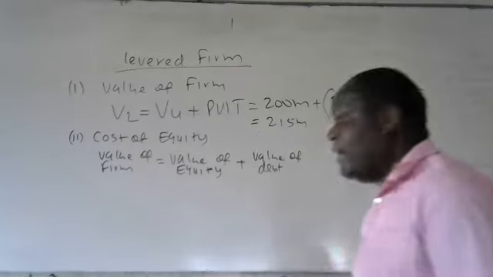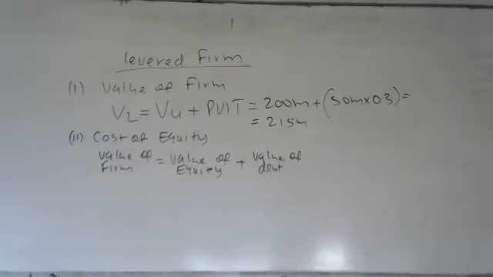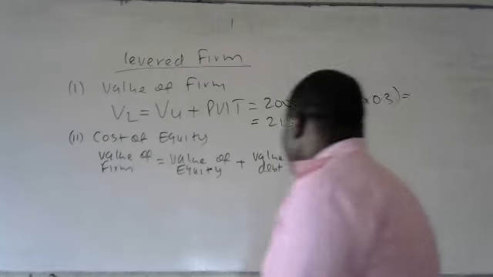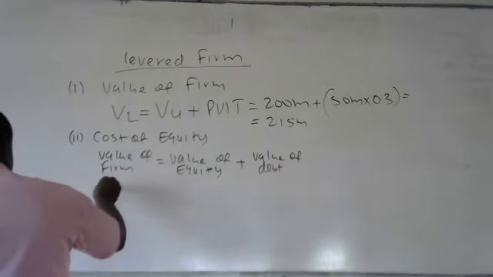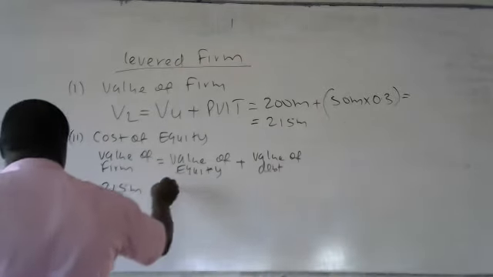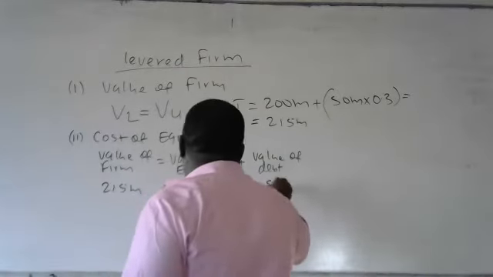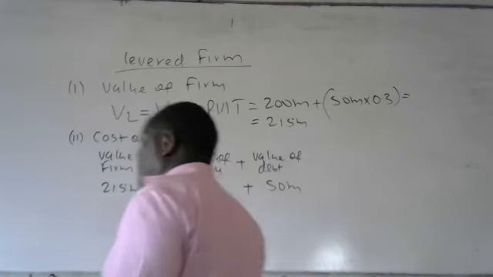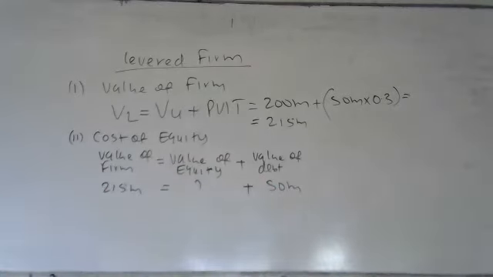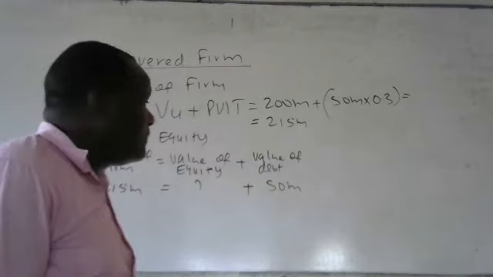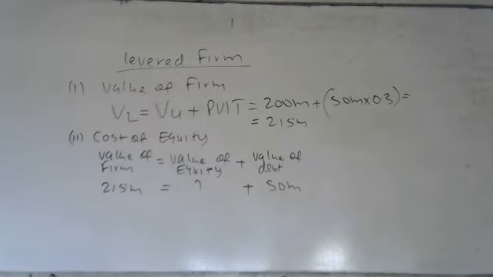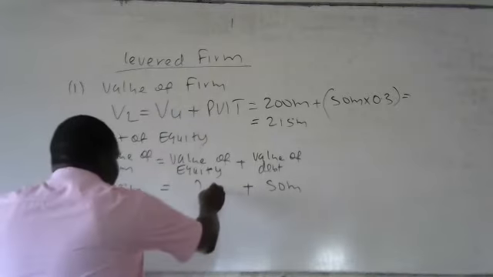The value of the firm is 215 million, the value of equity must be the market value, and the value of the debt is 50 million. That gives us 165.